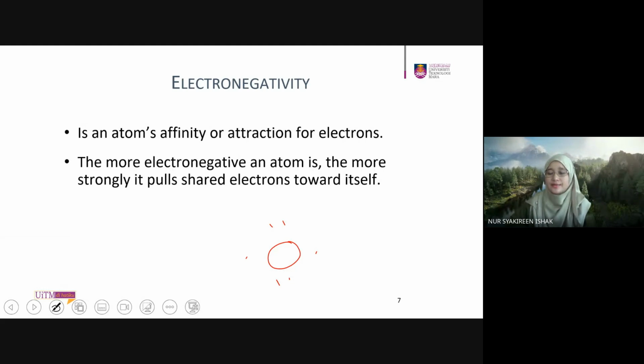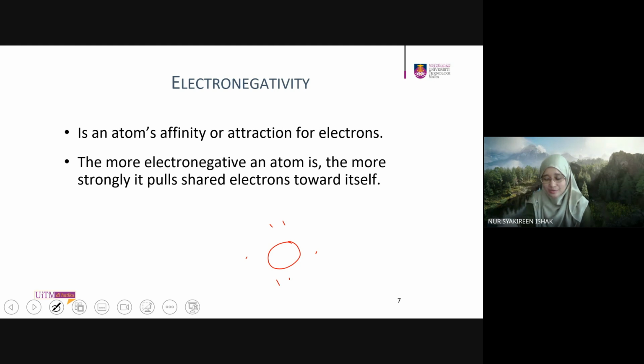Okay, 6 valence electrons. So these 6 valence electrons will attract electrons from other atoms. For example, in the formation of a water molecule, in order to obey the octet rule, the valence shell has to have either 2 electrons or 8.